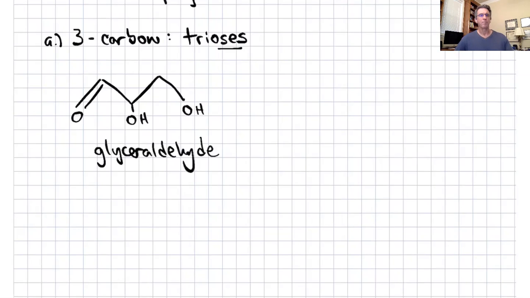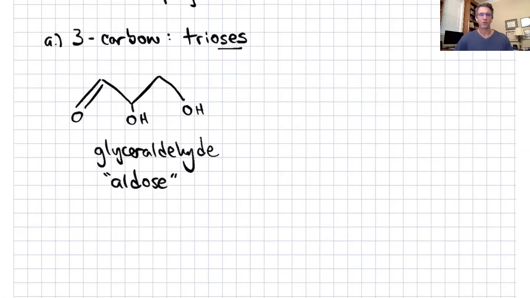All right. Now, because the carbonyl carbon in glyceraldehyde is an aldehyde, this triose, or this monosaccharide, is also sometimes known as an aldose sugar, right? Because the carbonyl is in the form of an aldehyde.